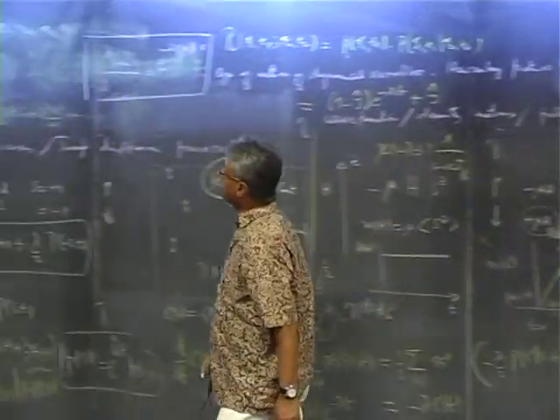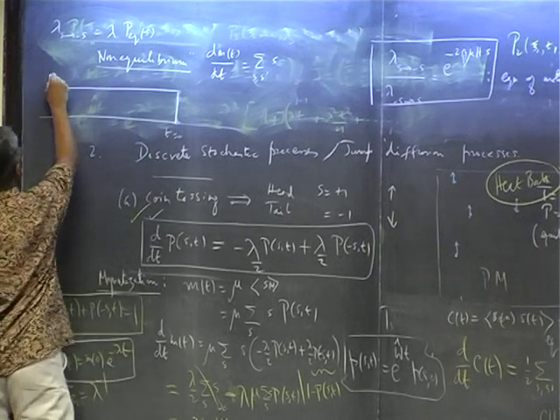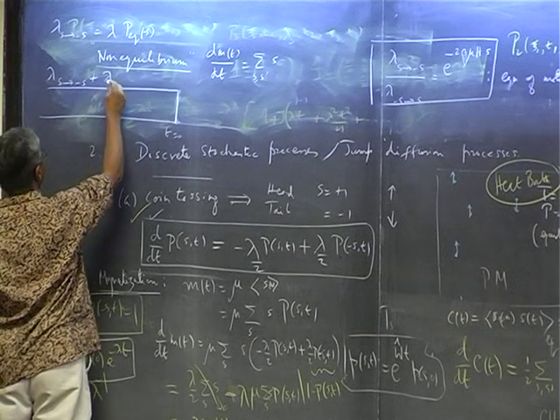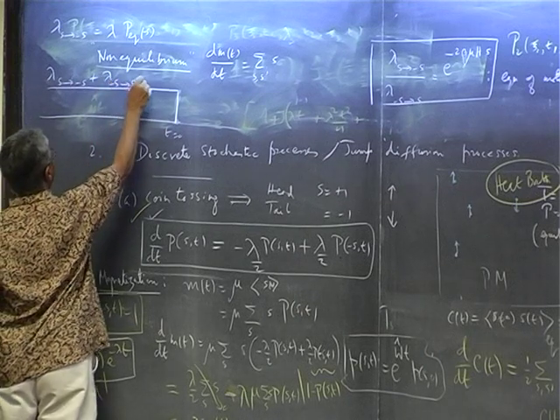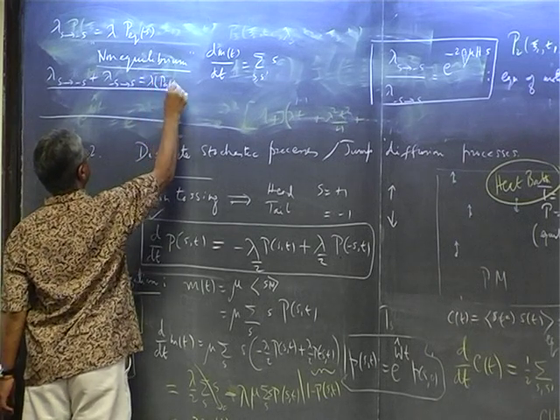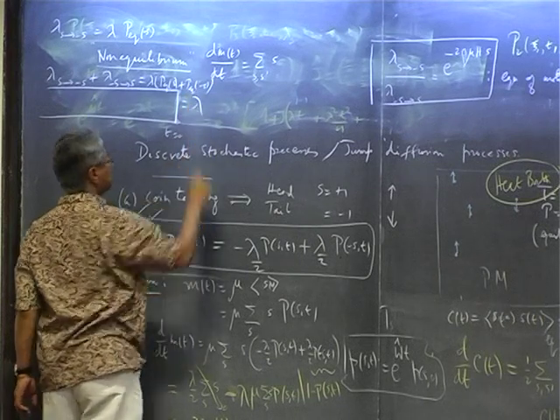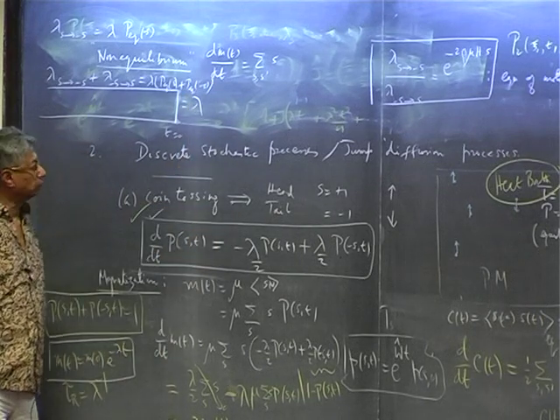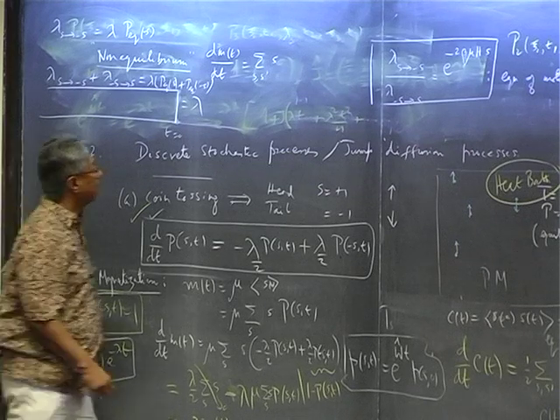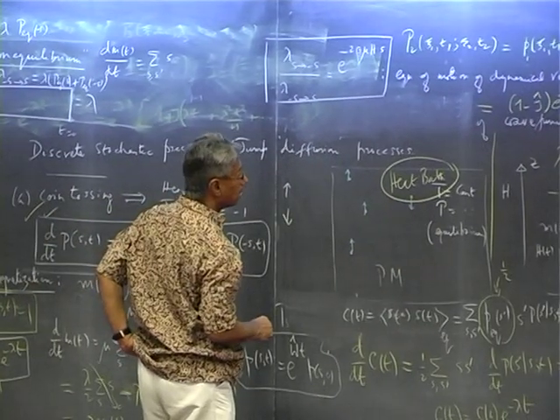And you therefore have the relationship that lambda s going to minus s plus lambda minus s going to s, the total rate, is lambda times P equilibrium plus s plus P equilibrium minus s, and that's just 1, so the total rate is lambda. So I therefore start plugging in from the rate equation.